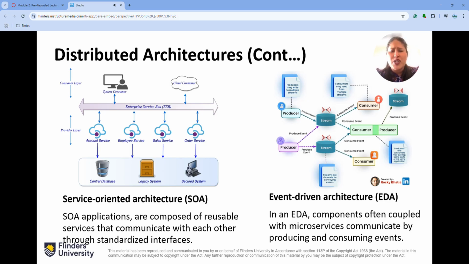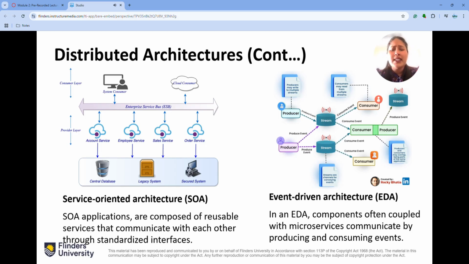So each service is designed to handle a specific business function and can be independently deployed, updated, and maintained. SOA is focused on enabling interoperability and standardization across different applications and systems, making it ideal for large enterprise environments.